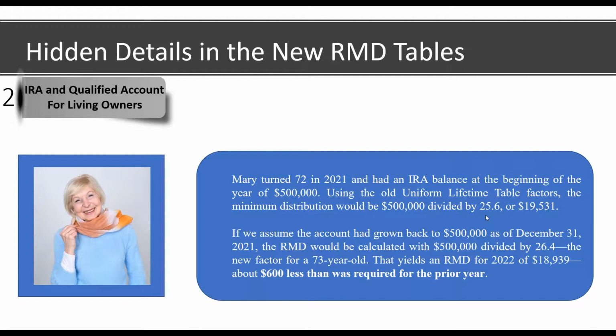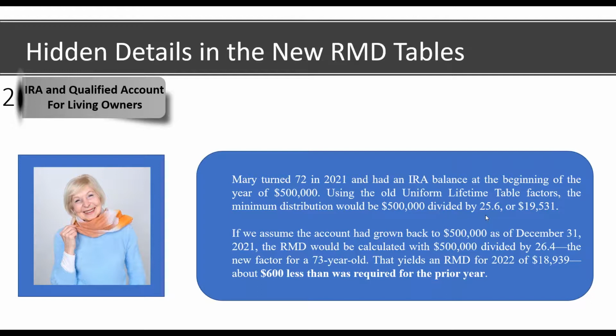Well, the factor for a 73-year-old from the new table is 26.4. That means that even though Mary is older, and even though we are assuming that the account balance is the same as it was for last year's calculation, the RMD is actually going to be less for Mary. In this case, it's $18,939, and $600 less than was required for the prior year.